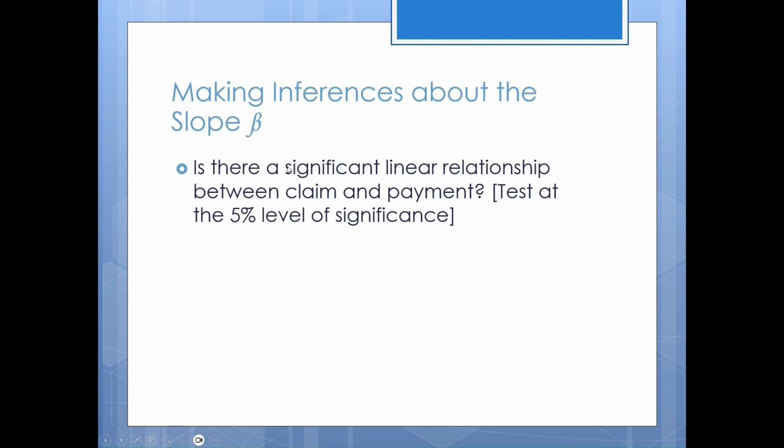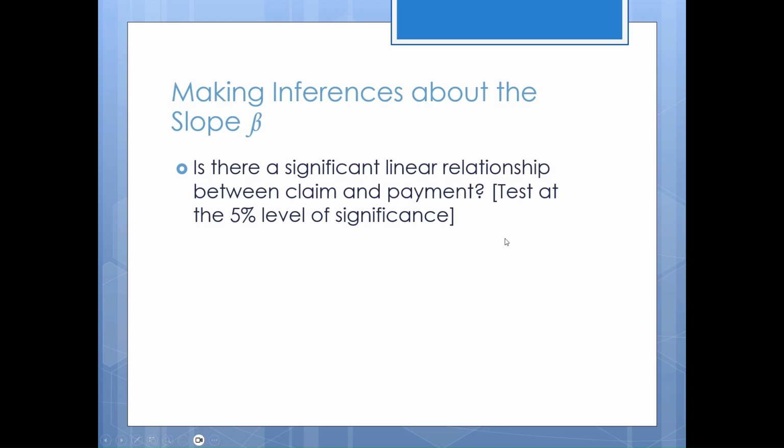Look at the question. In correlation, we don't say is there a significant linear relationship; we say is there a significant correlation. But here we are saying is there a significant linear relationship. We don't use correlation to answer that, though if you wanted to, it would lead to the same conclusion. But the right way of doing it is to test the slope parameter.